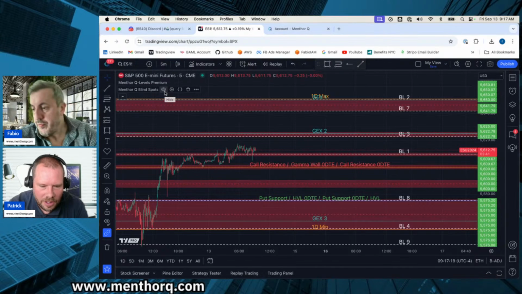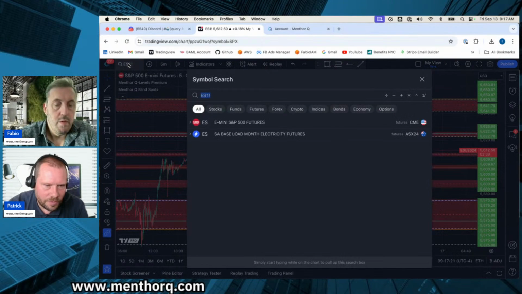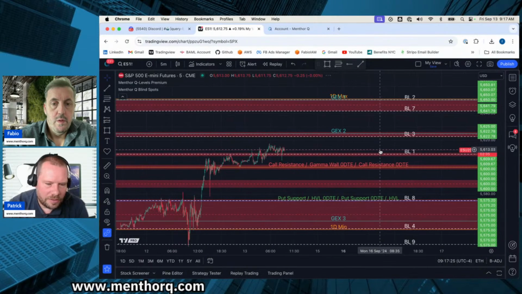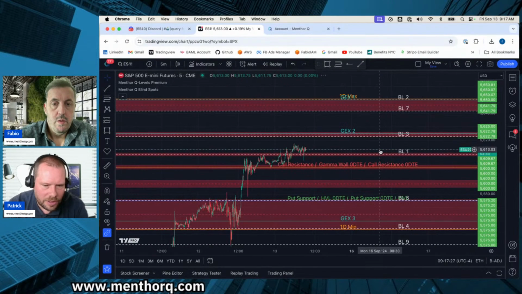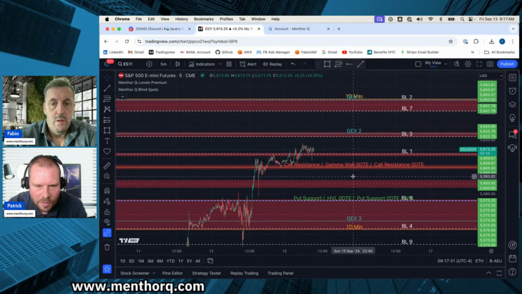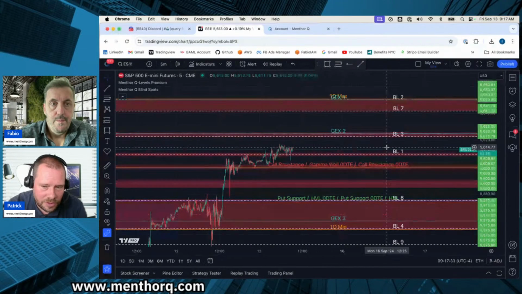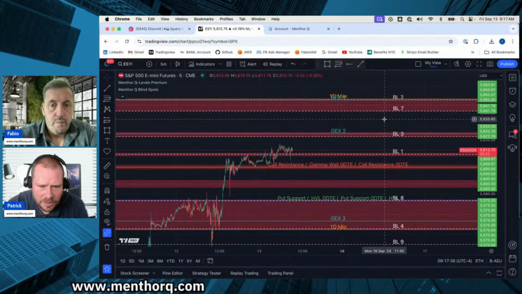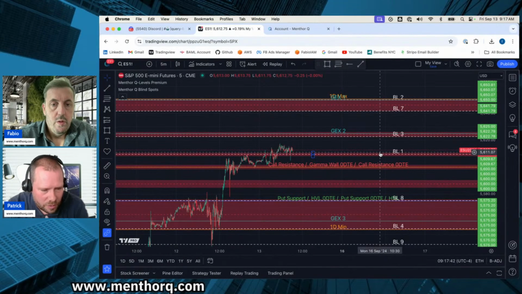Everything is good. And also, like what we were saying yesterday, always have in mind what levels are in play in the pre-market. So call resistance, gamma, call resistance, that's a huge, strong resistance. Blind spot 1 is the strongest blind spot.